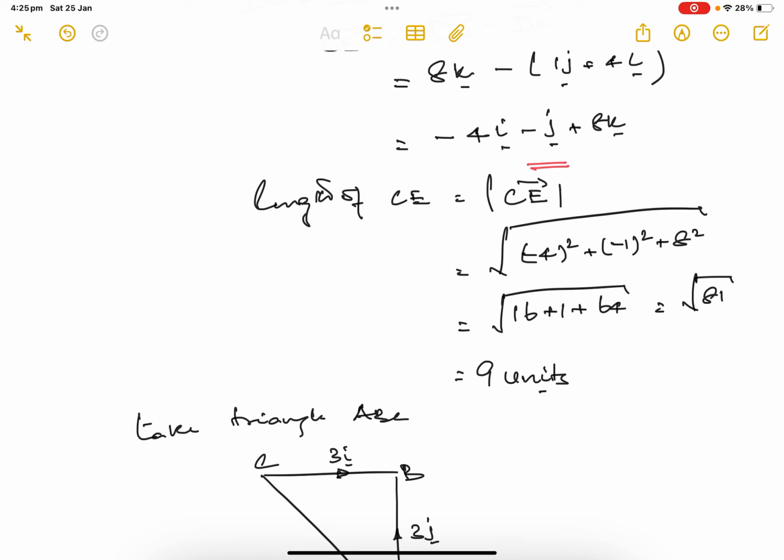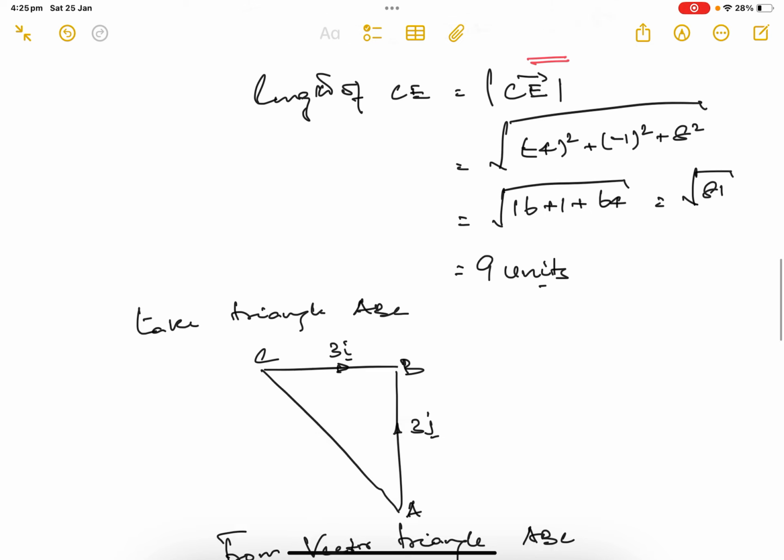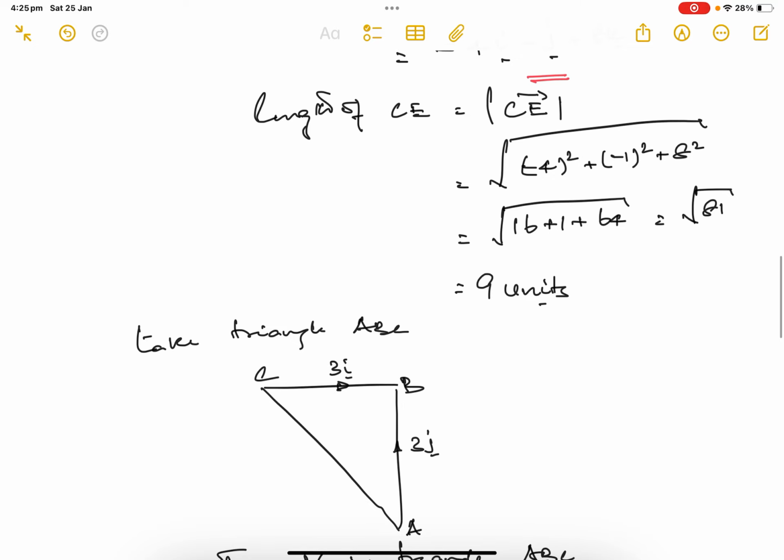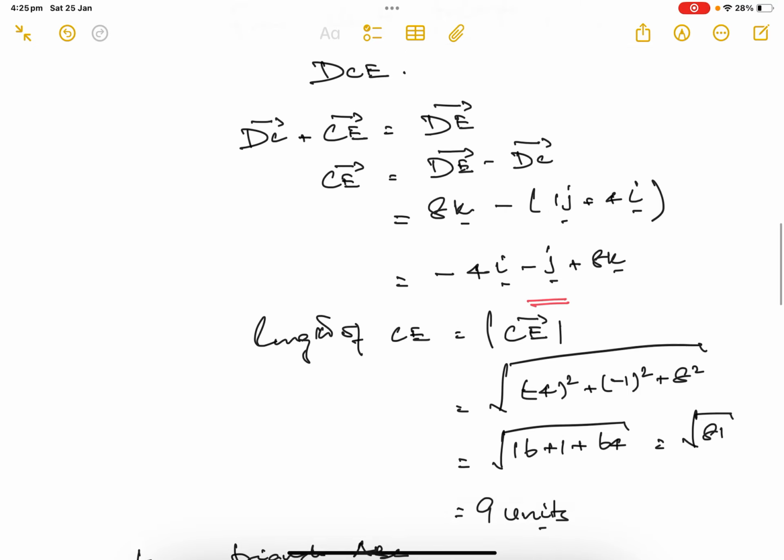So square root of minus 4 squared plus minus 1 squared plus 8 squared. Minus 4 squared is 16, minus 1 squared is 1, 8 squared is 64. 64 plus 16 is 80. 80 plus 1 is 81. So square root of 81 is 9 units. So CE is 9 units. So first part done.